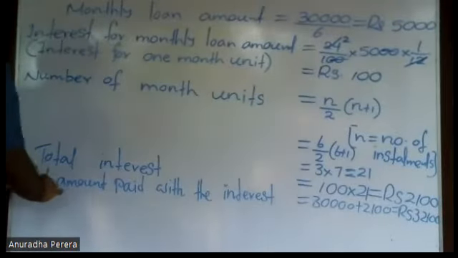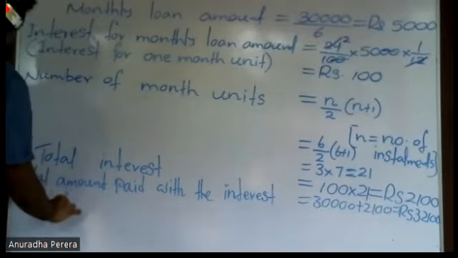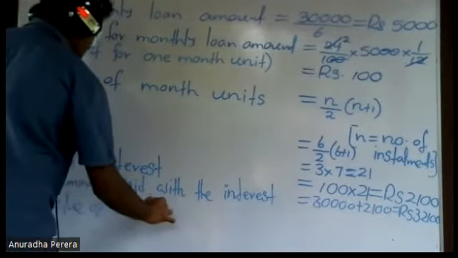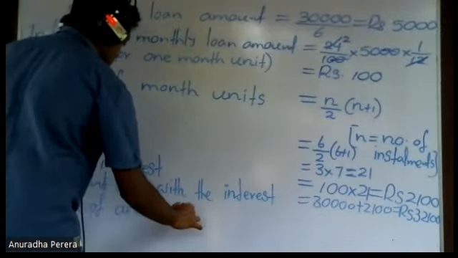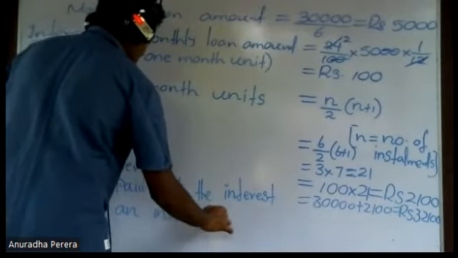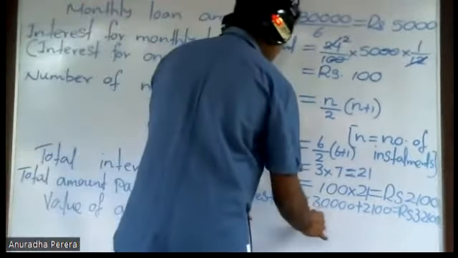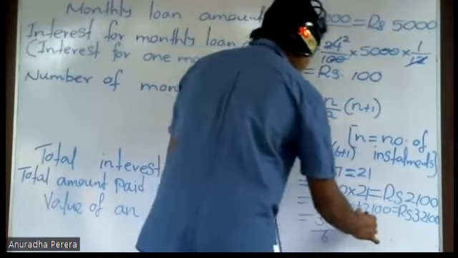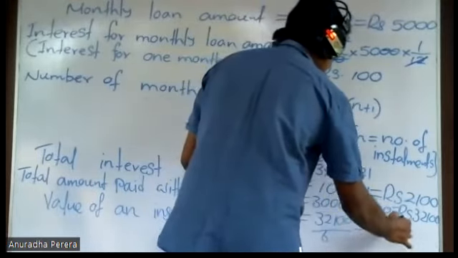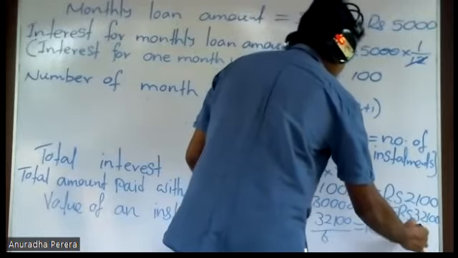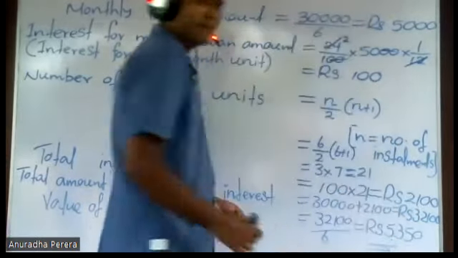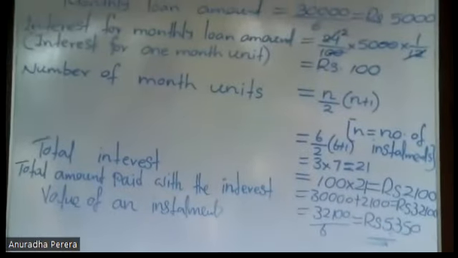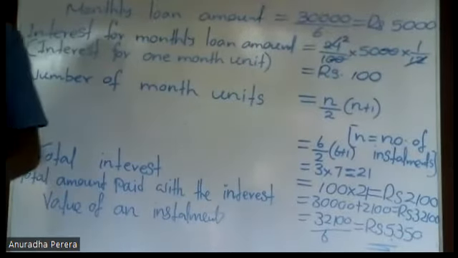Then value of an installment. Divide this 32,100 by 6. It gives 5,350 rupees. The same procedure applies when finding the value of an installment.